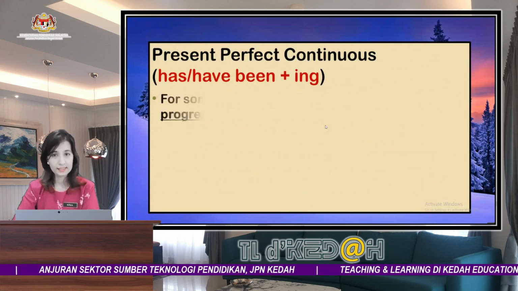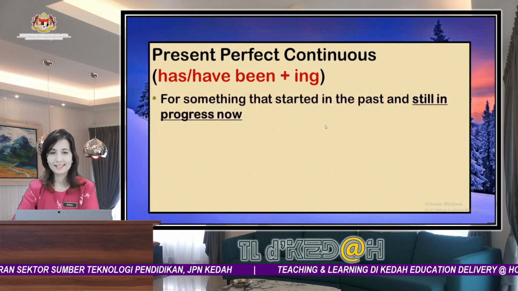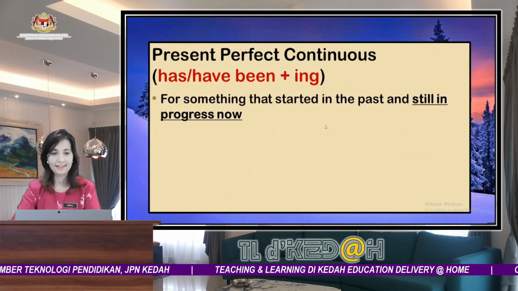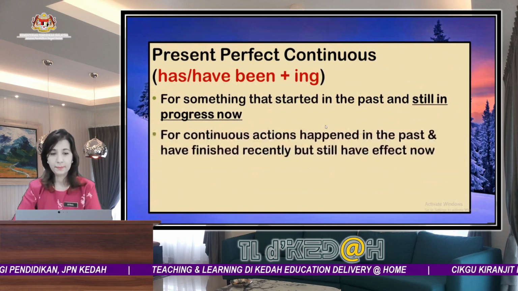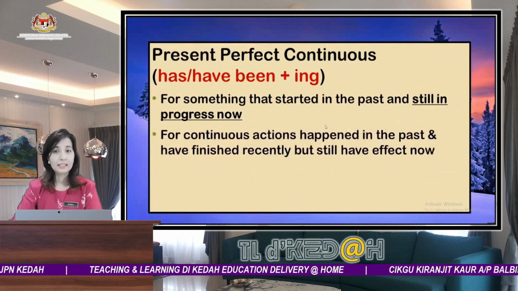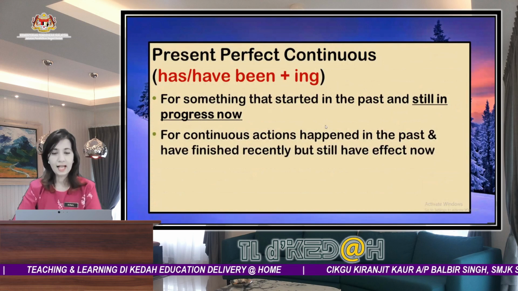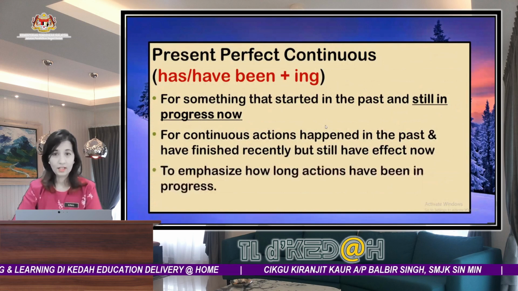That's what it's explaining here: something that started in the past and is still in progress now. It's for continuous actions that happened in the past and have finished recently but still have effect now, and to emphasize how long actions have been in progress.